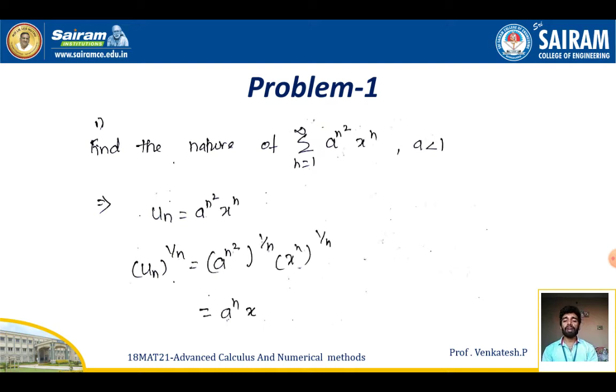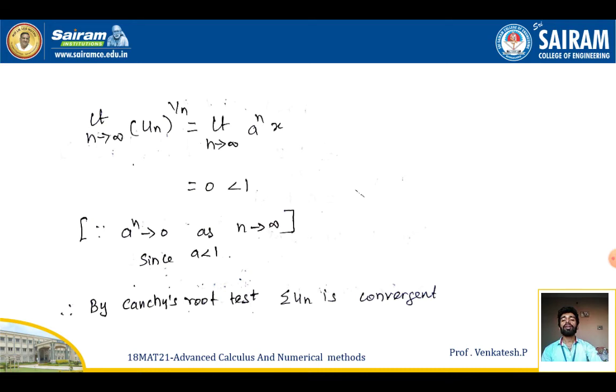Now for this function I'm going to apply the limit n tends to infinity on both sides of the equation. So limit n tends to infinity un power 1 by n, the Cauchy's root test formula, is equal to limit n tends to infinity a power n x.